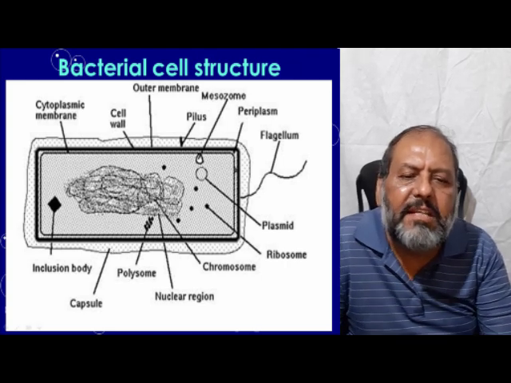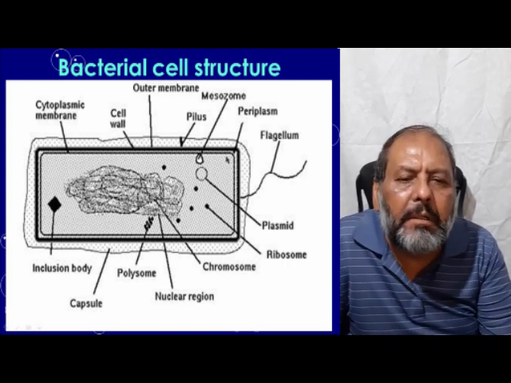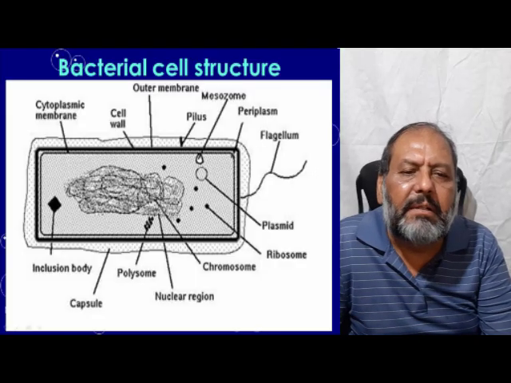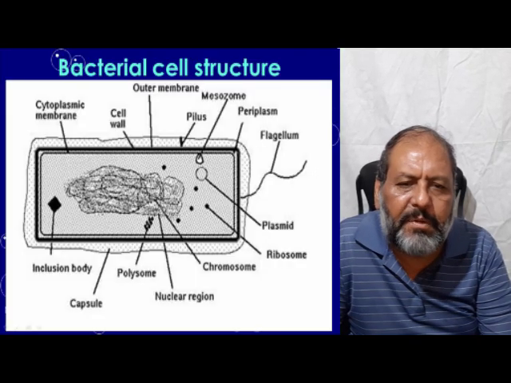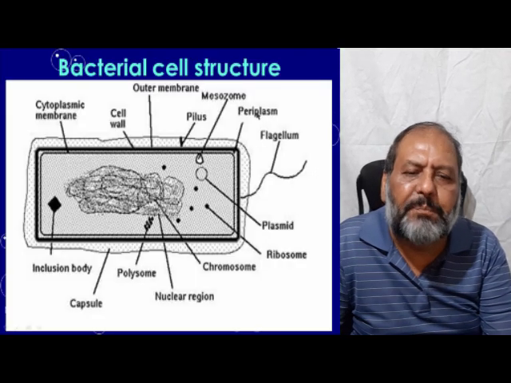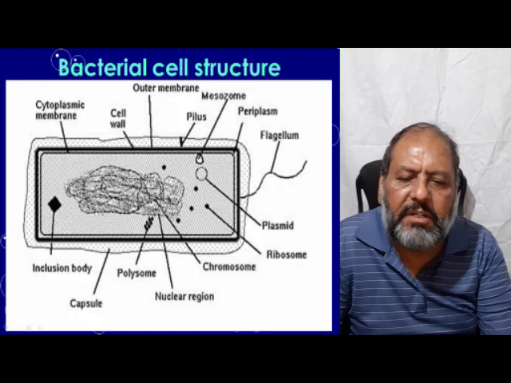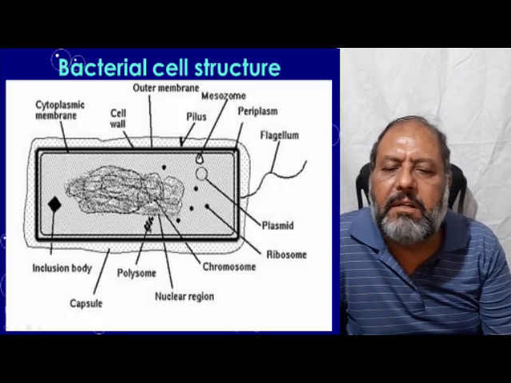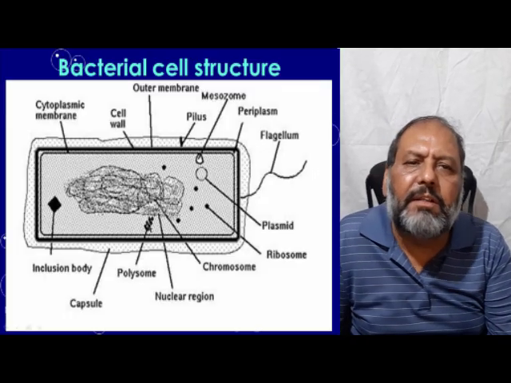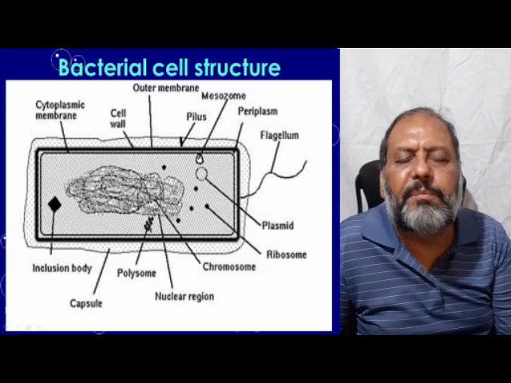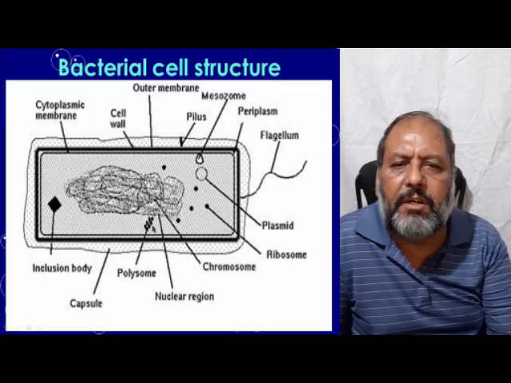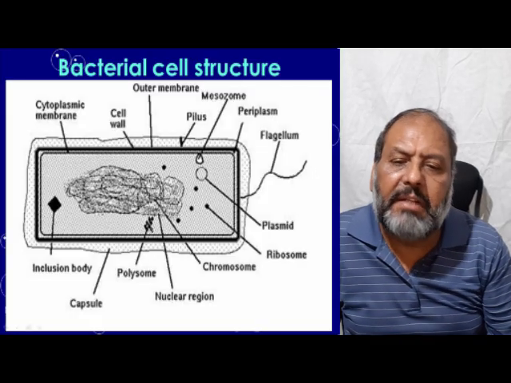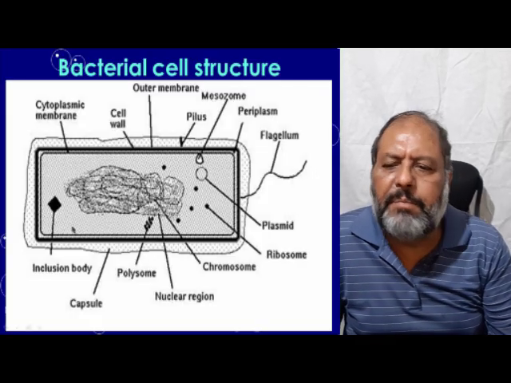Now there is a space between the inner cytoplasmic membrane and the outer membrane that is called periplasm. That will be discussed when we reach that structure. Then there are certain polysomes. These are the food granules which can be used in case of starvation or unhealthy weather for the bacteria.